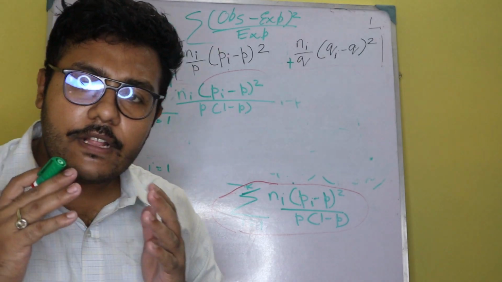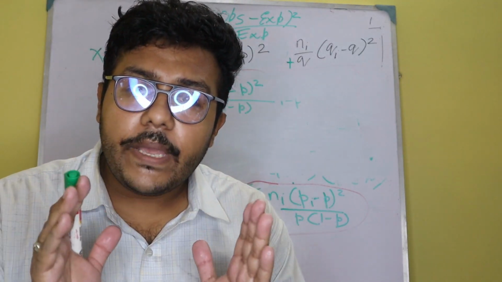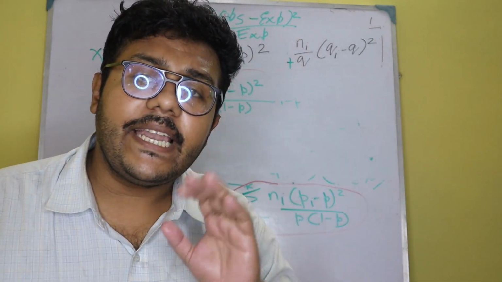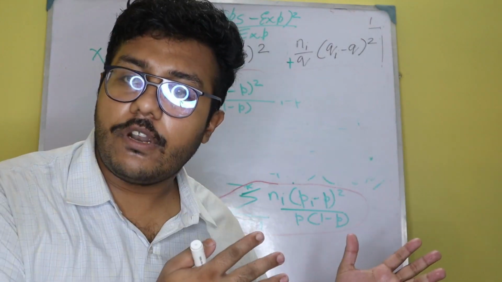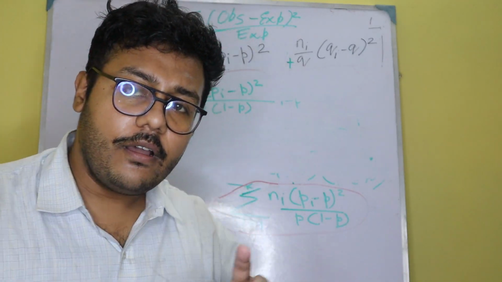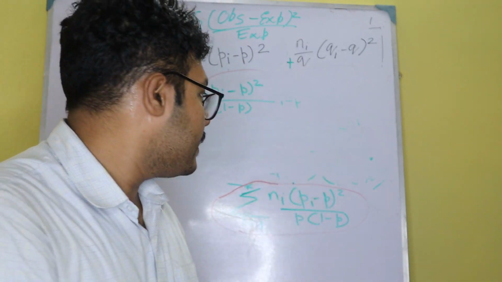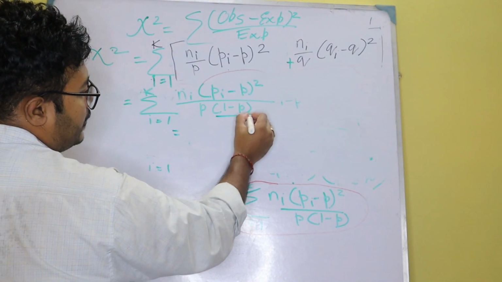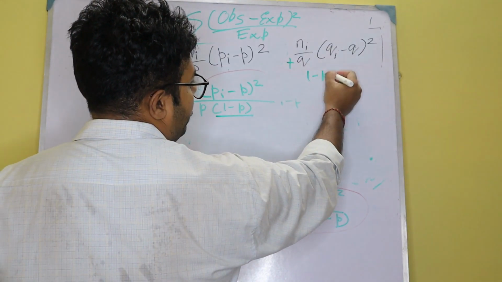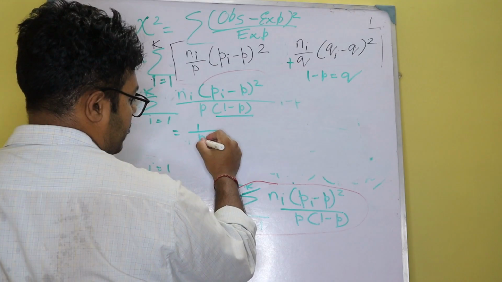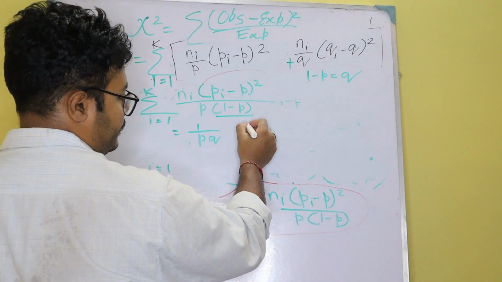Now I have also told you before that 1 minus p is equal to q, and p and q, these are constant terms, so we can take this out of the summation. I will do the same thing here. This 1 minus p is equal to q, I have told you before. So I am taking these two parts out.